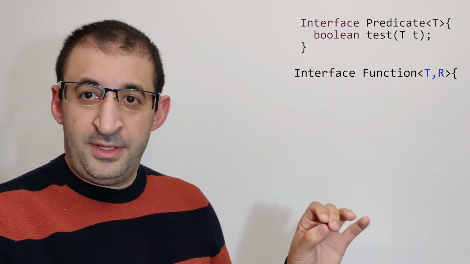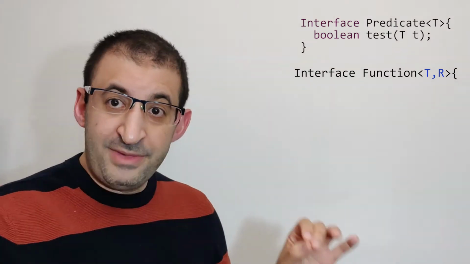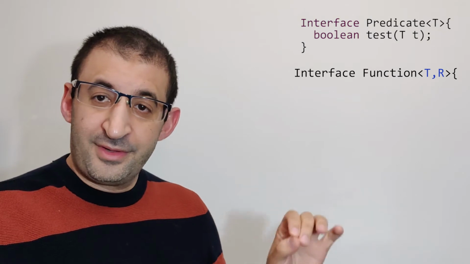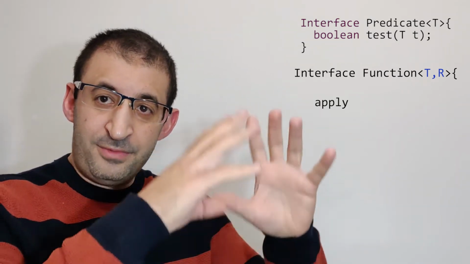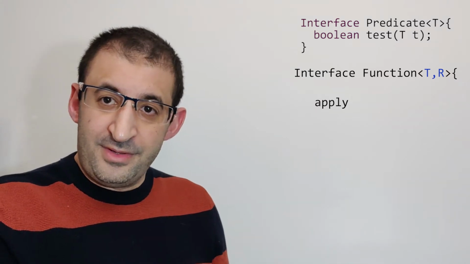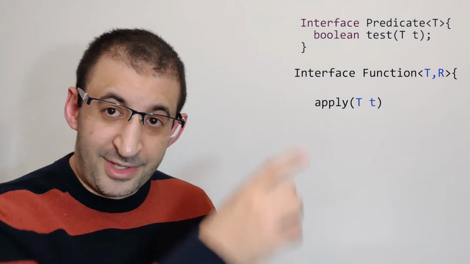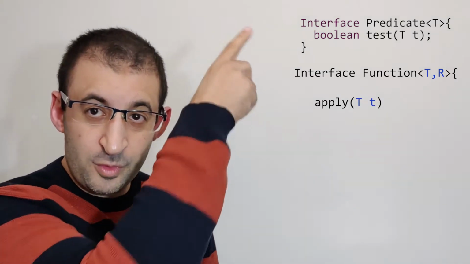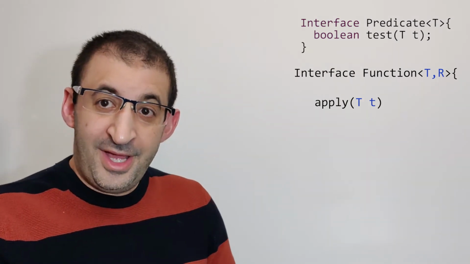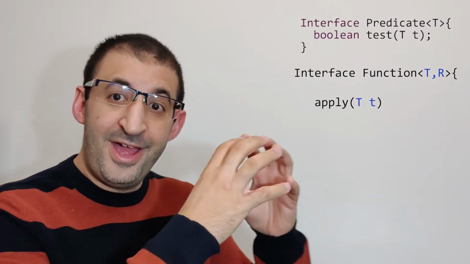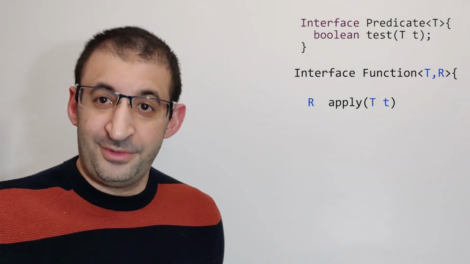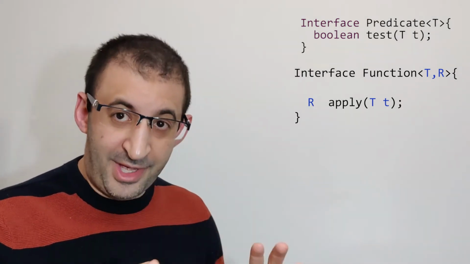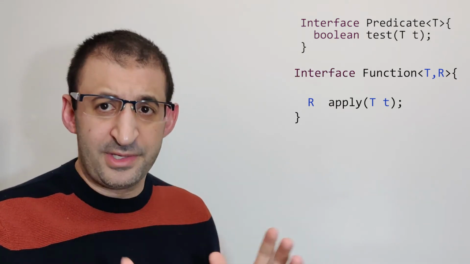So the apply method is like this: apply, and we give it a T type parameter as input, and it returns an R type value. It's so simple like this, and you will understand with an example.